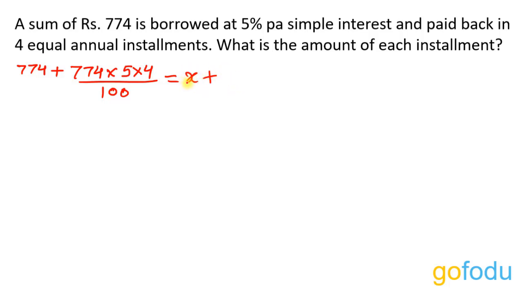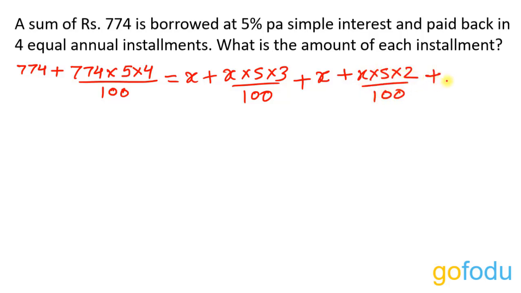So for next 3 years, bank will be earning an interest over this X. That interest would be X into 5 into 3 upon 100 plus the second installment X plus the interest over the second installment for the next 2 years plus the third installment.